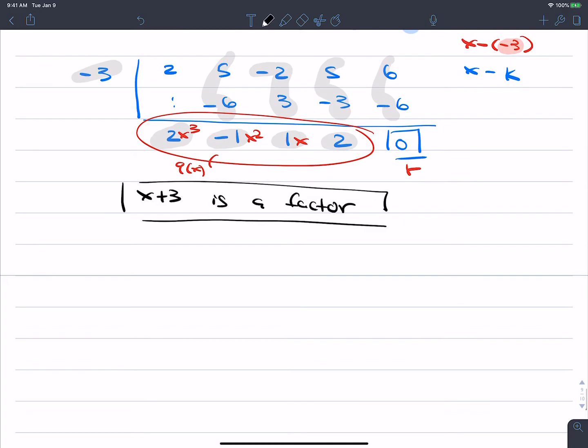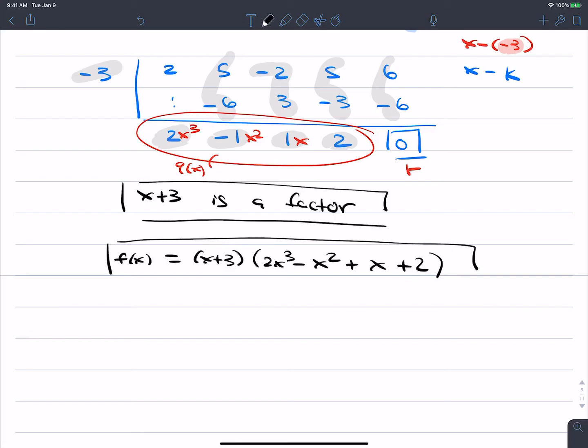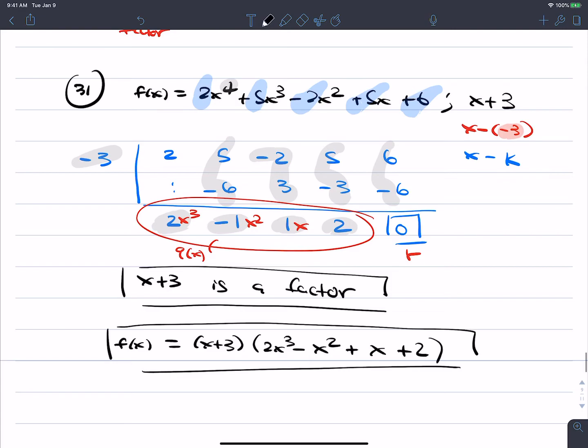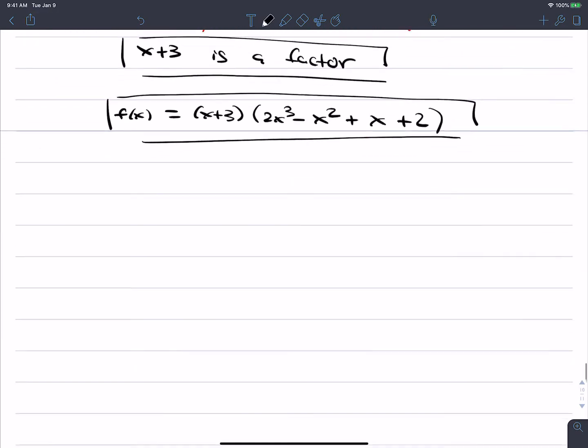And to be a factor, what this means is your original function f is written as x plus 3 times 2x cubed minus x squared plus x plus 2, where you have a 0 remainder here. This is what you have to do for 31. Now, the next group of questions in synthetic division here.